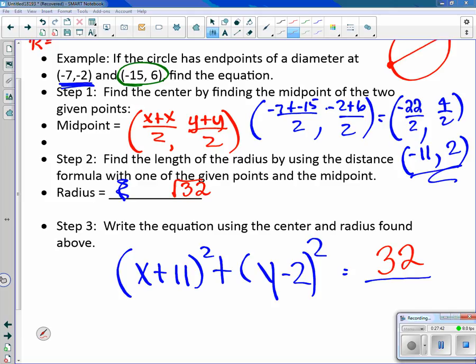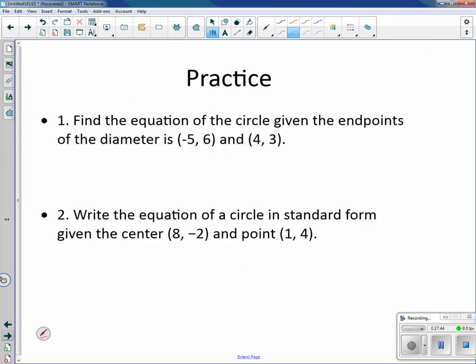I think I'm on my last little bit, and then you all get to practice. Look at this, ladies and gentlemen. The first one, did they give me the center at all?